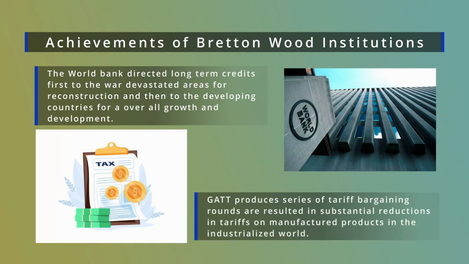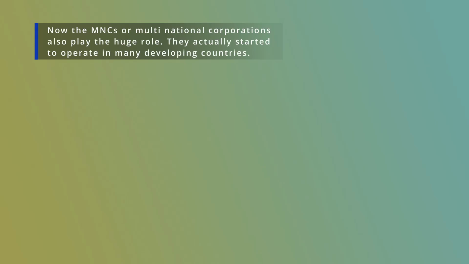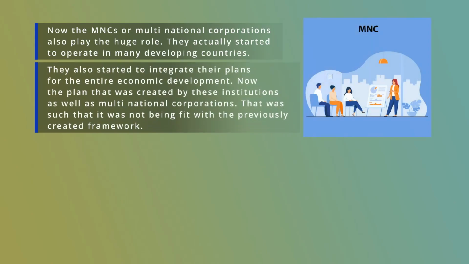GATT produced a series of tariff bargaining rounds that resulted in substantial reductions in tariffs on manufactured products in the industrial world. Along with this, the IMF also started to reduce tariff barriers. Now, the MNCs, or multinational corporations, also played a huge role. They started to operate in many developing countries, and they also started to integrate their plans for the entire economic development.